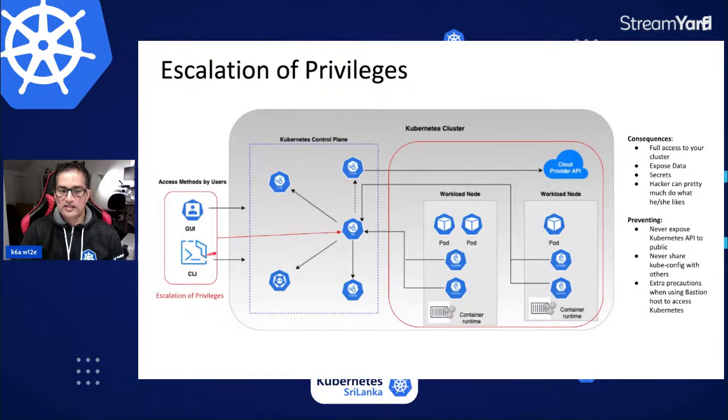At that stage, you have full access to the API, and you do have full access to the cluster. You can do practically anything that's running or operating in the cluster, right?